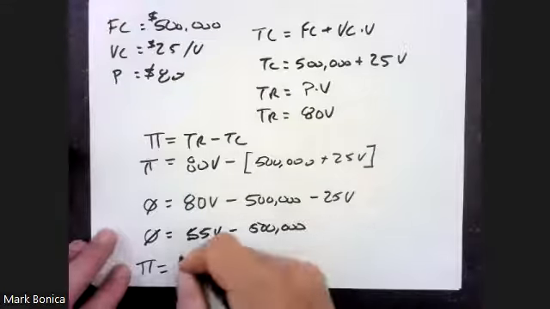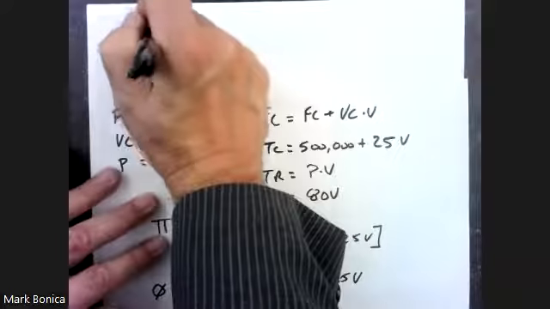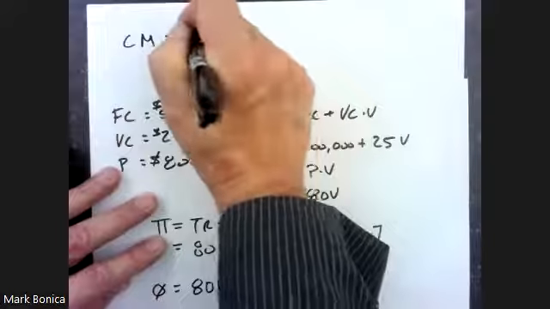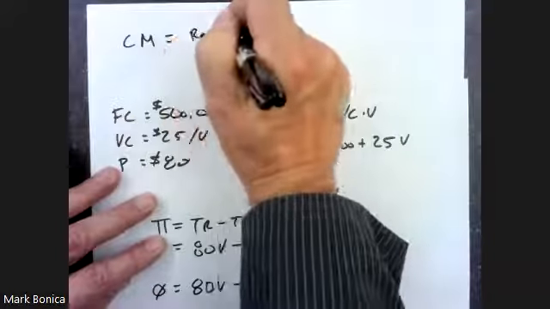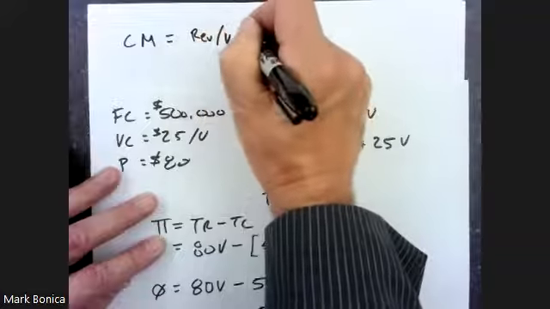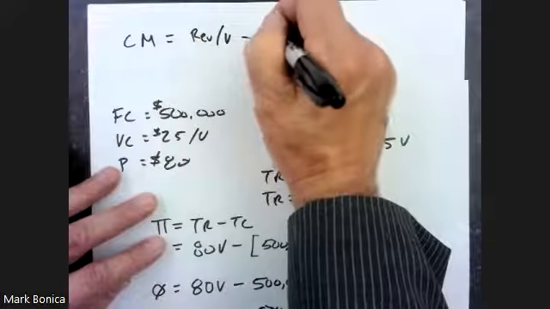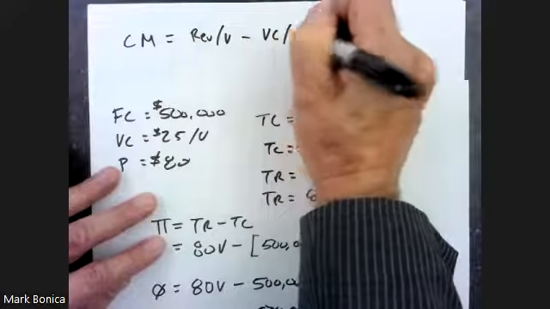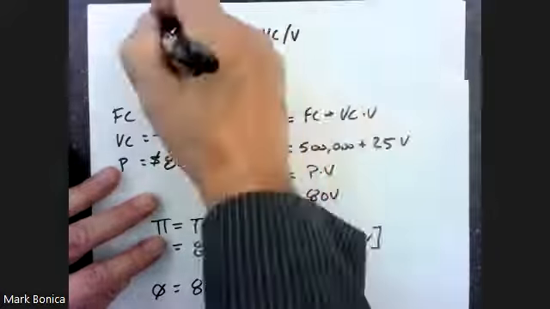So the contribution margin, and I'm going to abbreviate that CM, is going to be the revenue per unit of volume minus the variable cost per unit of volume.